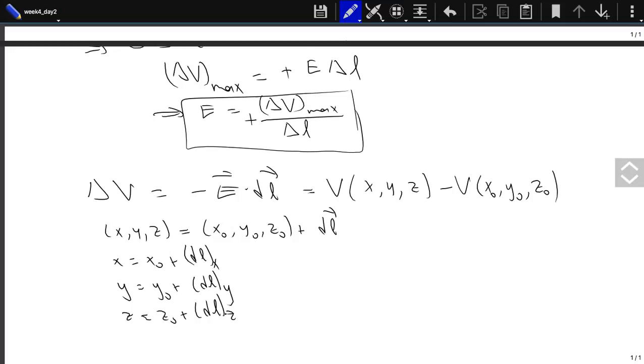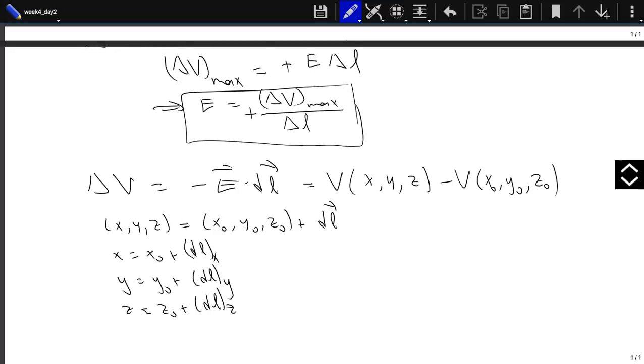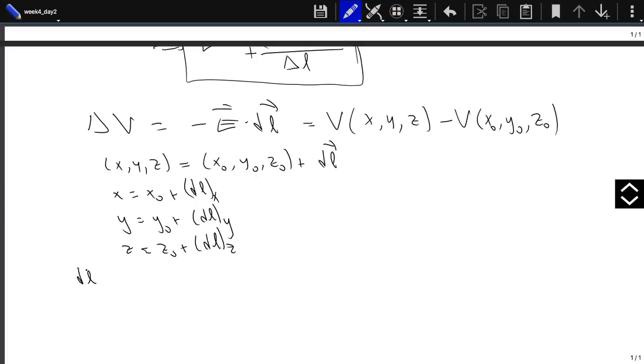Now let's take some special dl vectors. Let's just assume it is this one. I just take one particular dl vector. Now this relation should still be true for this vector. This relation is true for every small enough dl. Well, if this is my vector, I have x equal to x0 plus dl, y equal to y0, z equal to z0.